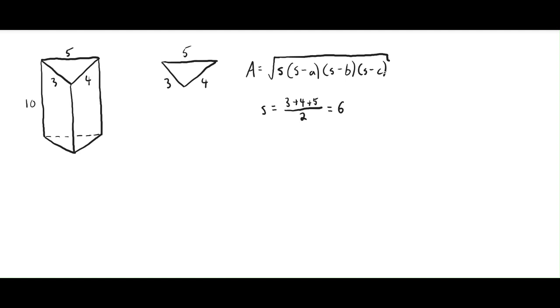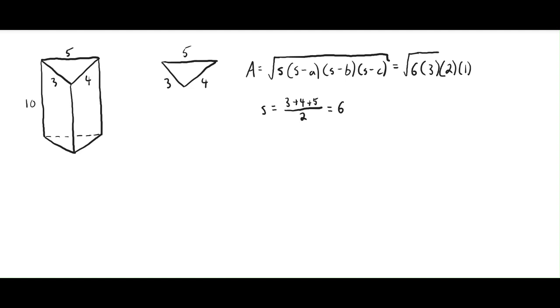So the area of this triangle will be the square root of 6 times 6 minus 3, 6 minus 4, and 6 minus 5. So 6 minus 3 is 3, 6 minus 4 is 2, and 6 minus 5 is just 1.